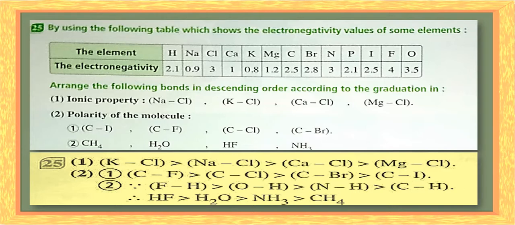So HF, hydrogen fluoride, below it H2O with difference 1.4, and below it NH3, where the difference in electronegativity will be 0.9. And the least one, carbon and hydrogen, will be 0.4. So we have HF greater than H2O, greater than NH3, greater than CH4.